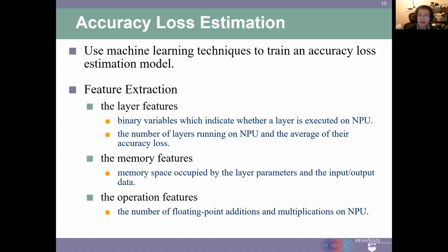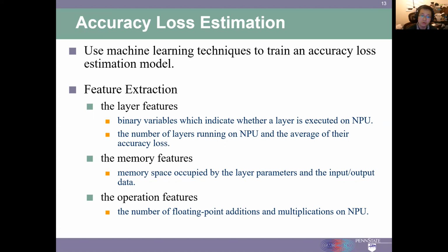Now let's talk about the accuracy loss estimation. We leverage machine learning techniques to estimate the accuracy loss. To train the models, we first extract the feature vectors. The features include the layer features, which indicate where each layer is running, how many layers are run on the NPU, and what their accuracy loss is. We also extract memory features, such as how much memory space is occupied by the parameters and the data.